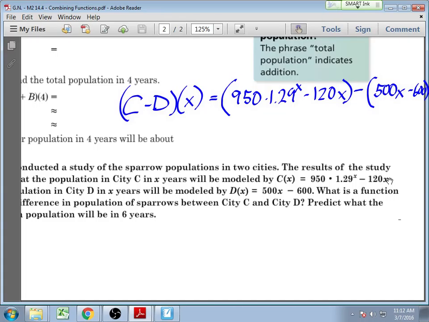Distribute out that negative. Now I actually have plus 600 because that negative distributed. I can combine my variable terms.